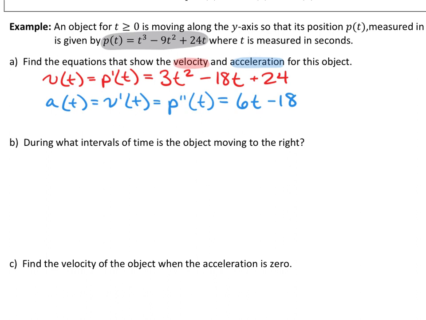Part B says, during what time intervals is the object moving to the right? Okay, what does it mean for something to be moving to the right? What is positive?